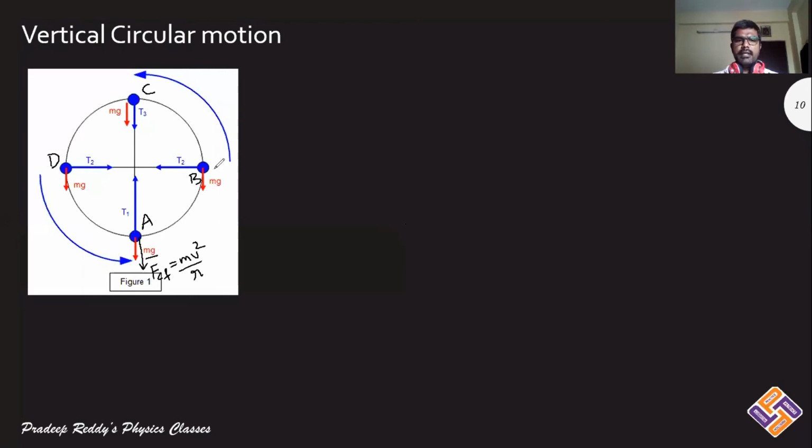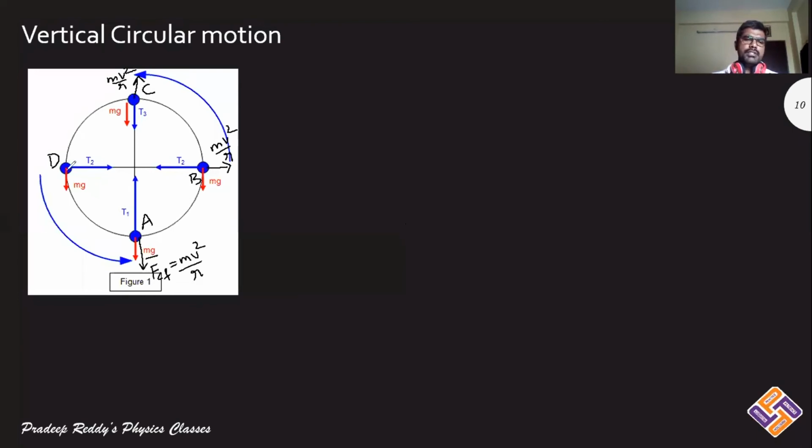Next, coming to position B, tension is inside, mg is perpendicular to the tension, and centrifugal force mv square by r is outward, because centrifugal force always acts in the outward direction. You need to keep that in your mind. Next, at position C, tension T3 is in the downward direction, gravitational force is also in the downward direction, but centrifugal force will be outward, that is mv square divided by r.